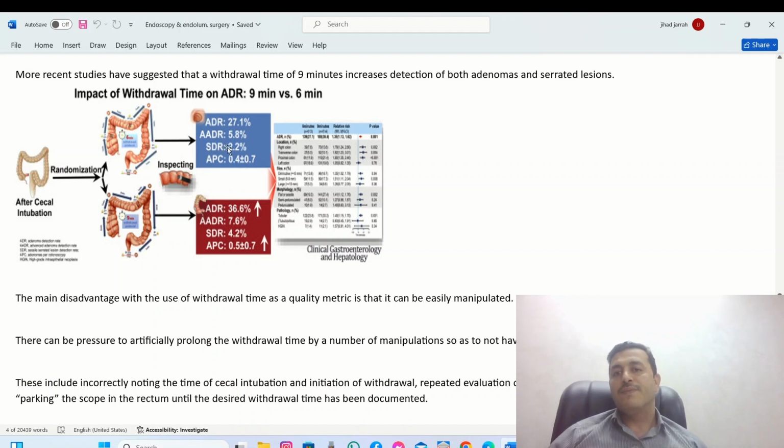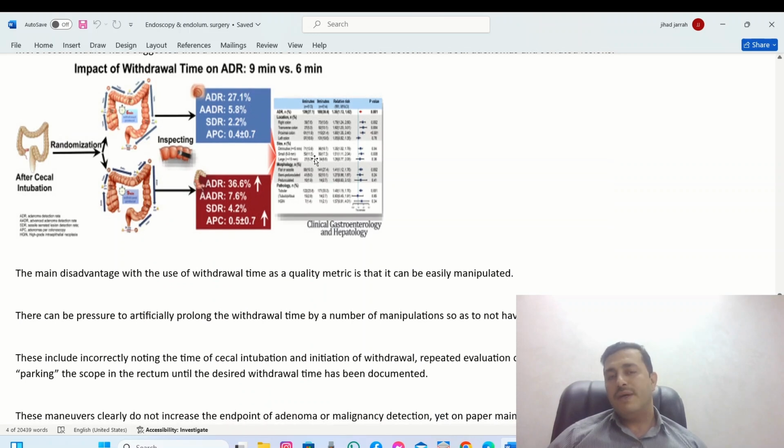Also serrated polyp detection is higher in 9 minutes. So 9 minutes is better than 6 minutes. But good colonoscopy withdrawal time is more than 6 minutes.